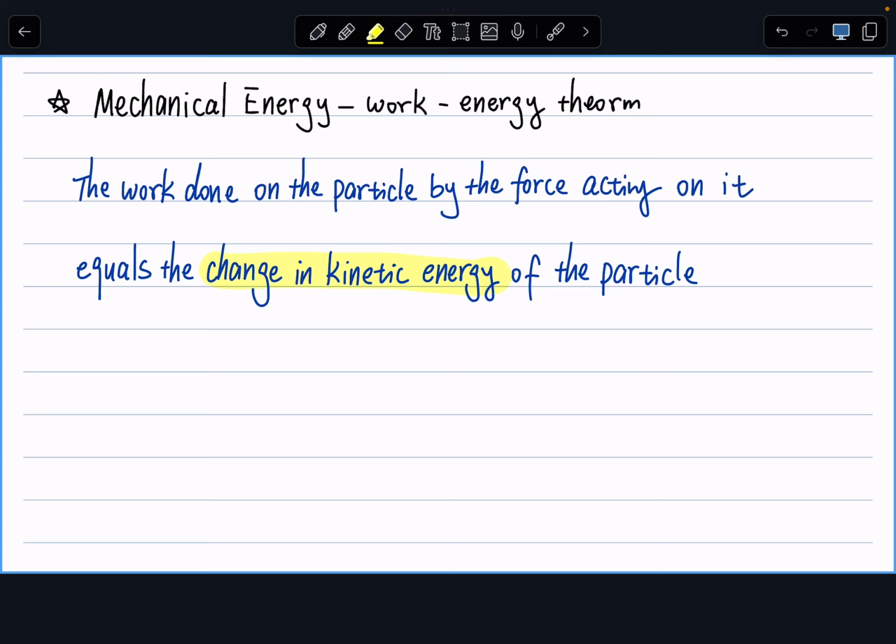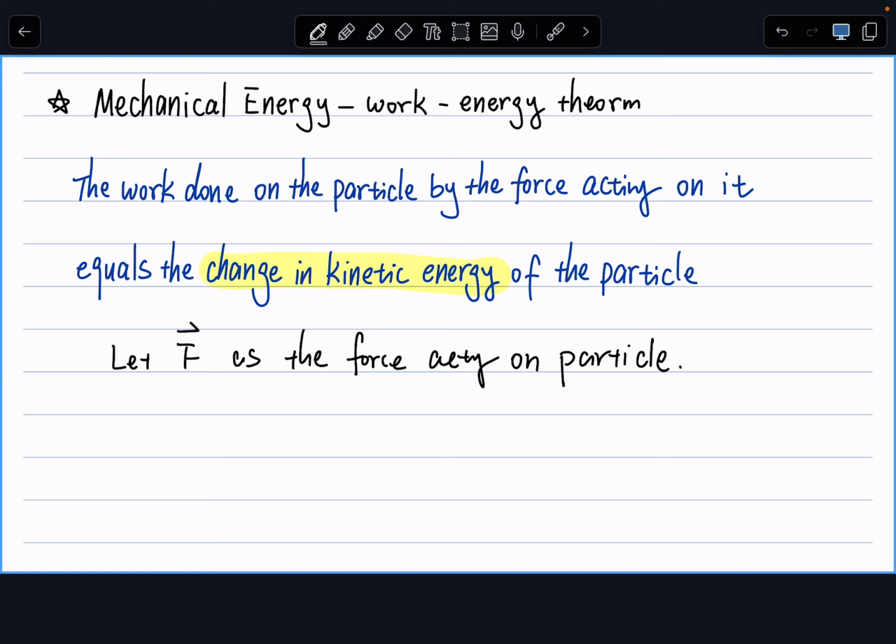I'll do a very quick derivation with you because this is a quick review of your physics. Let's set F as the force acting on the object or particle of interest.